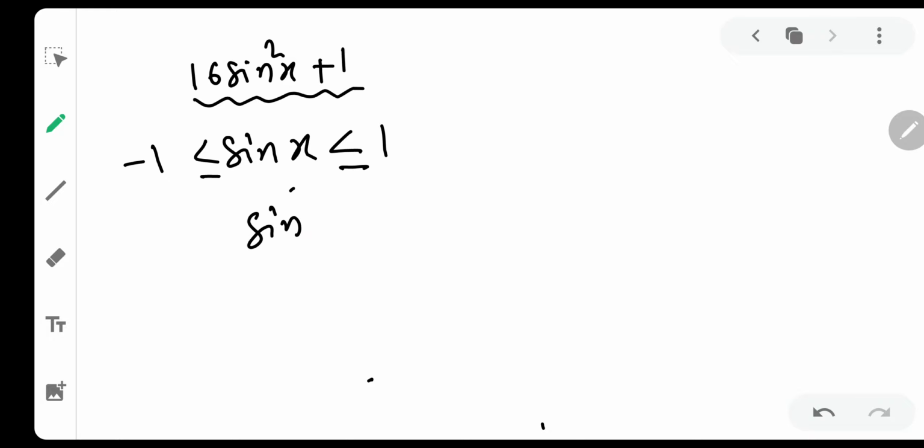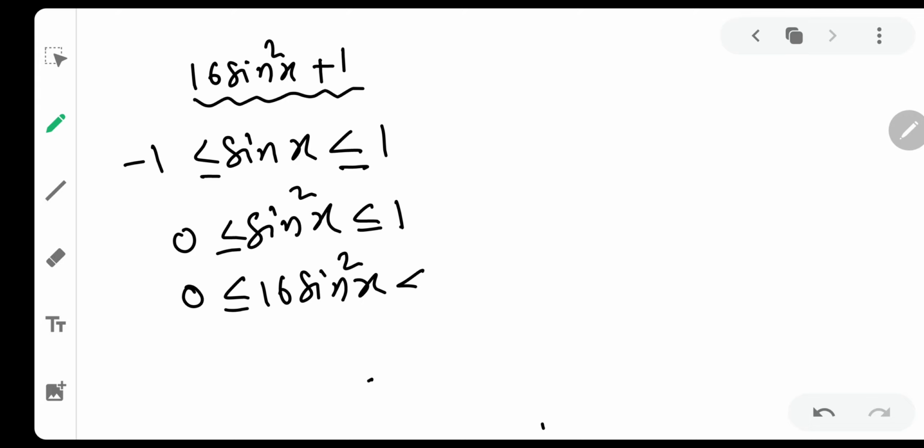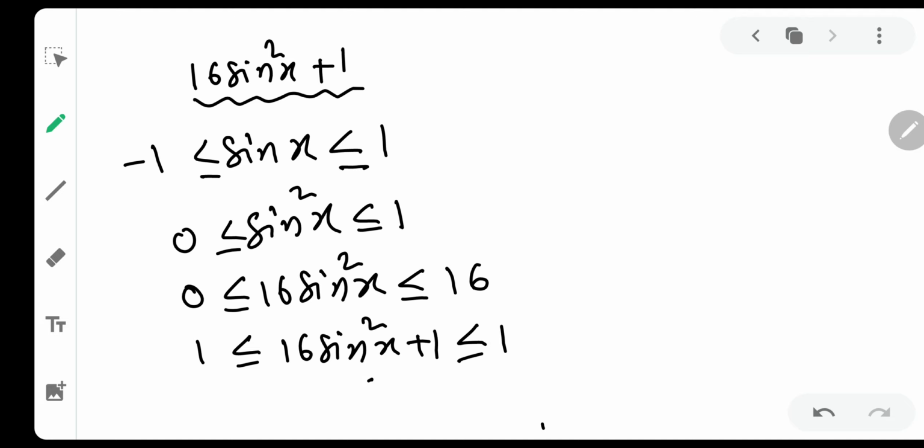But when you square it, sin²x will lie from 0 to 1. Okay, multiply both sides by 16. So 16 sin²x will lie from 0 to 16. Add 1 on both sides. So 16 sin²x + 1 will lie from 1 to 17.